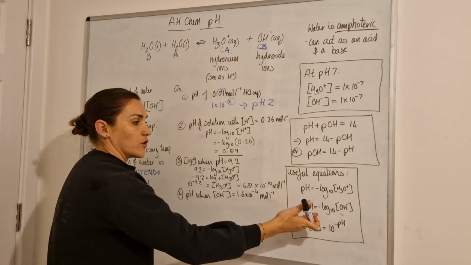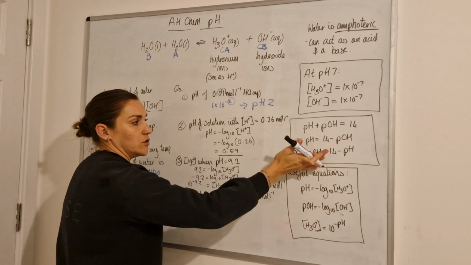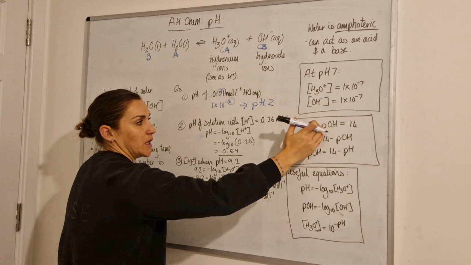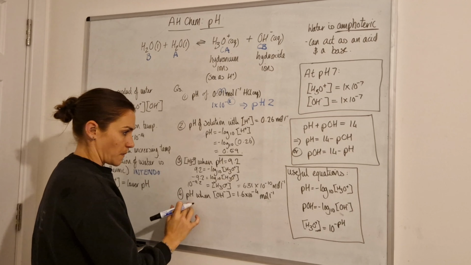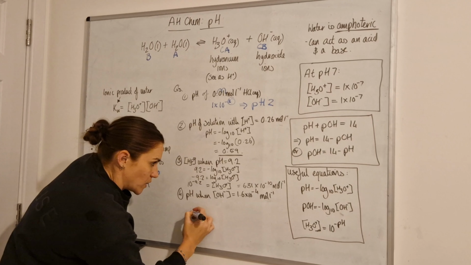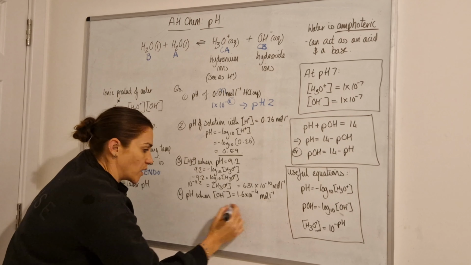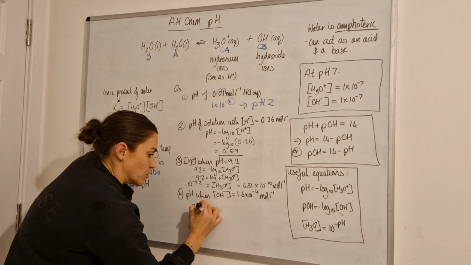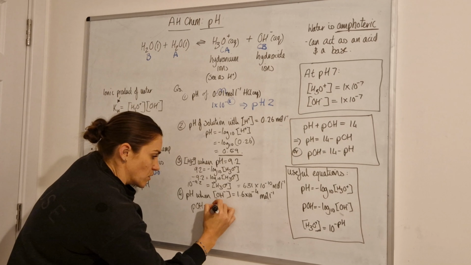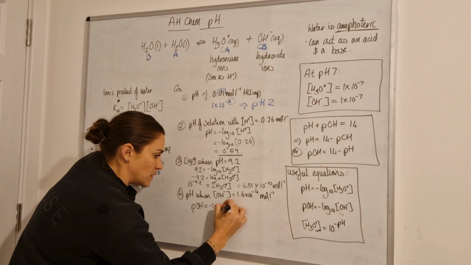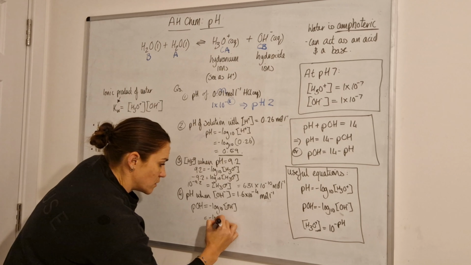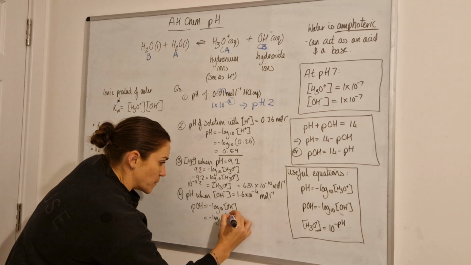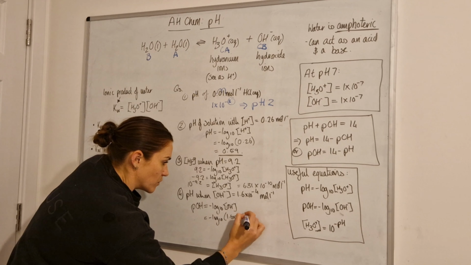And then once we've got the pOH, we can use our pH plus pOH relationship to work out what the pH is. Okay, so just watch out for that. If you're given hydroxide ions, you're going to have to work out pOH first. So pOH is minus log to the base 10 times the hydroxide ion concentration. So that would be minus log to the base 10 times 1.6 times 10 to the minus 4.